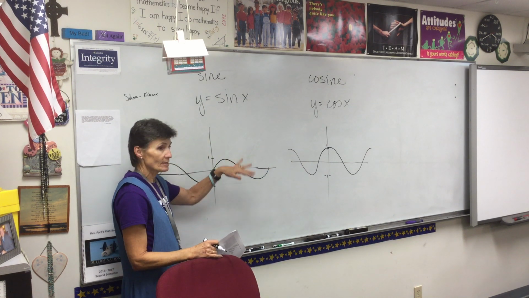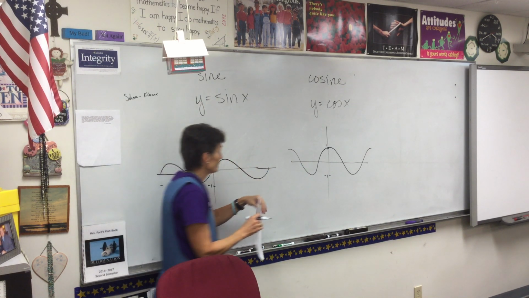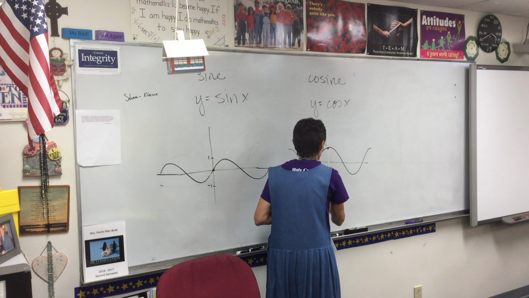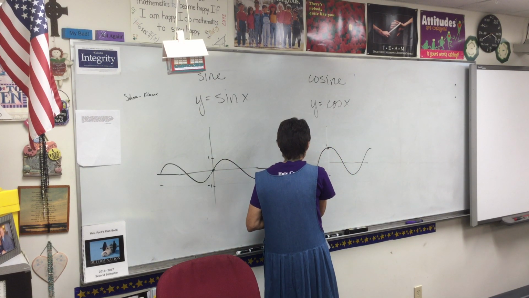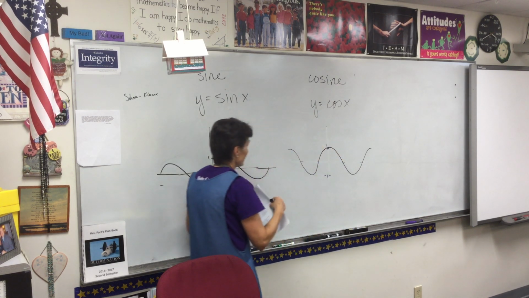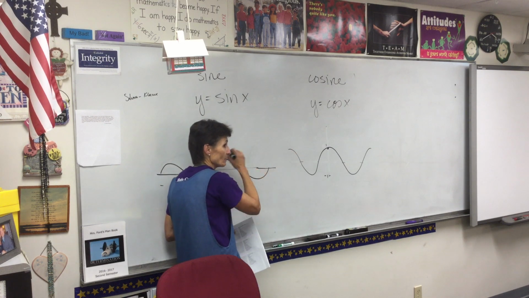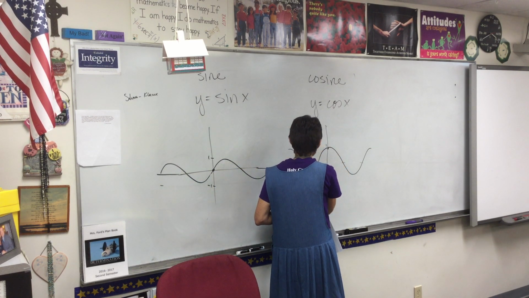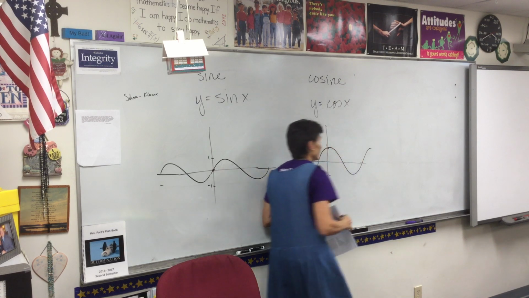So do you see the hills and valleys are the same? If I took the axes out, which I'm going to put them back in because they're important, but if I took the axes out of both of my shapes, aren't they the same? They're just hills and valleys, that's all they are. The difference is how they are oriented.